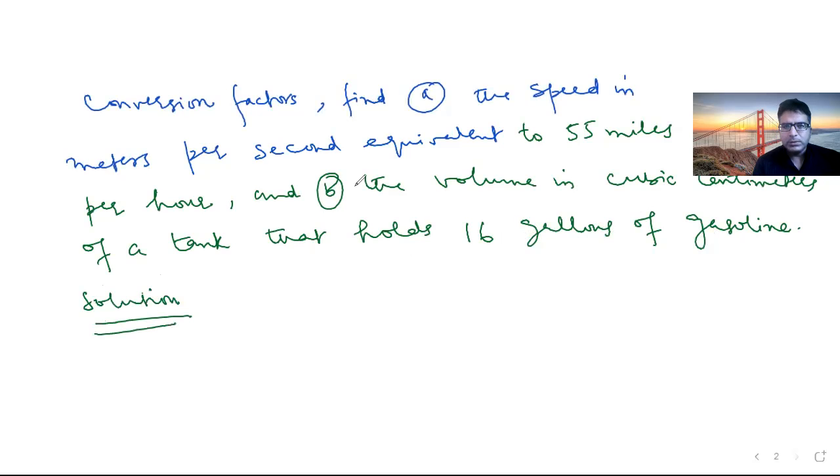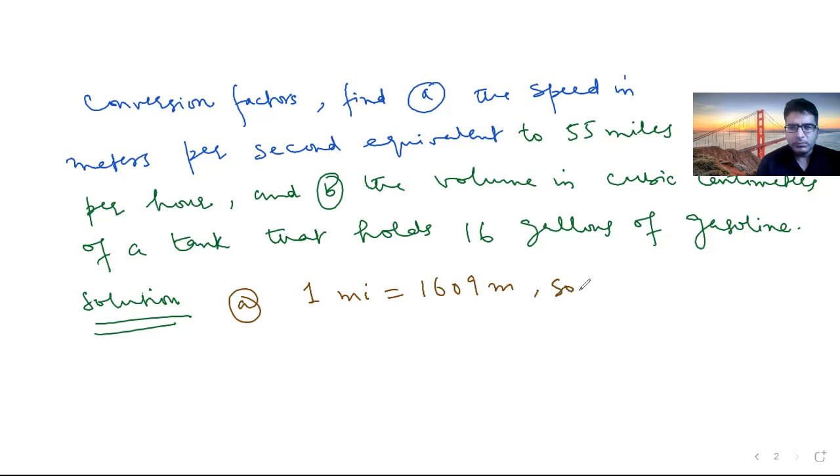We write it with another color. I think this one. So part A. We need first some information. The information is 1 mile is equal to 1609 meters.